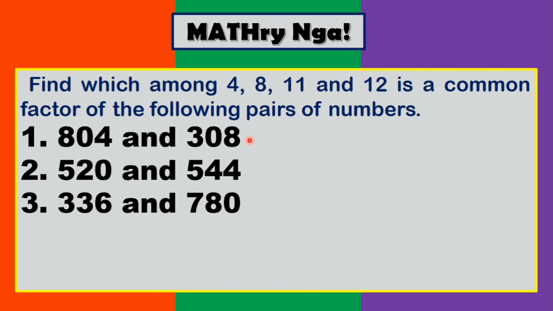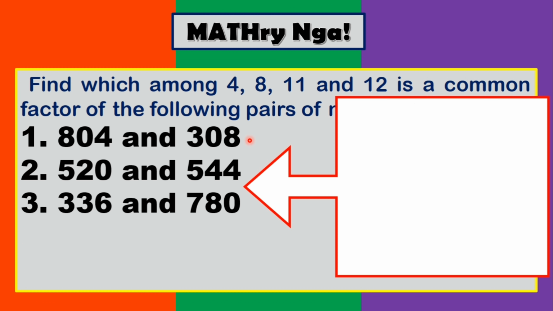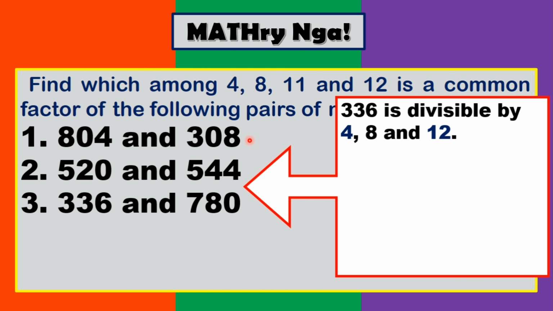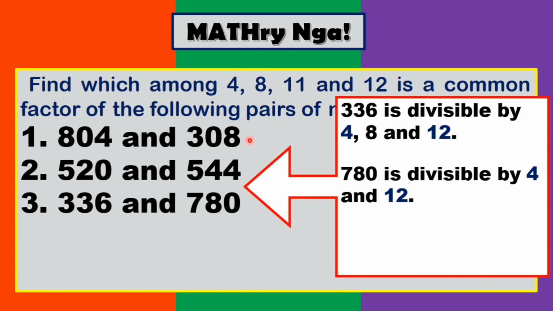Let's check and compare our answer. 336 is divisible by 4, 8, and 12, while 780 is divisible by 4 and 12. Therefore, their common factors are 4 and 12. Did you get the correct answer? You got it! Congratulations!